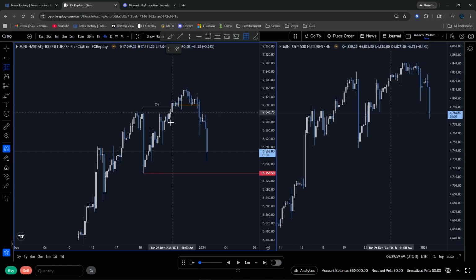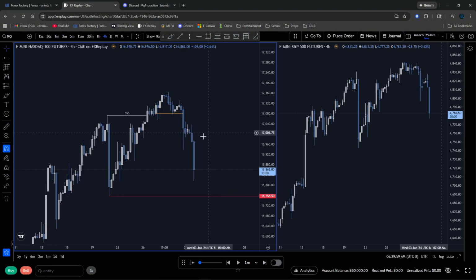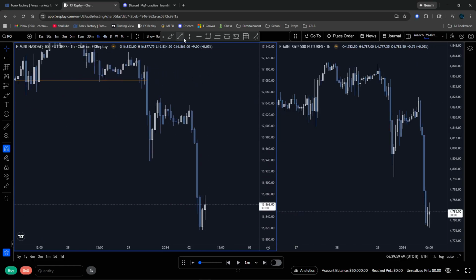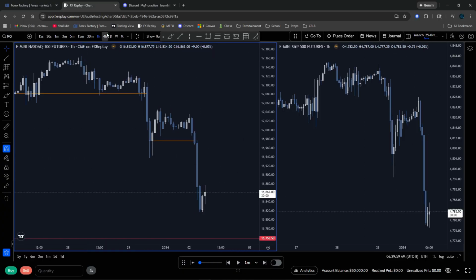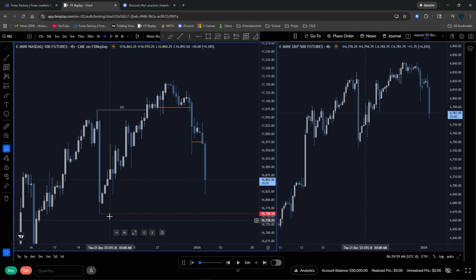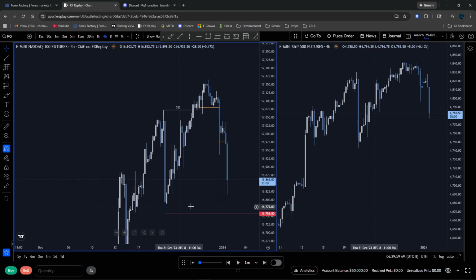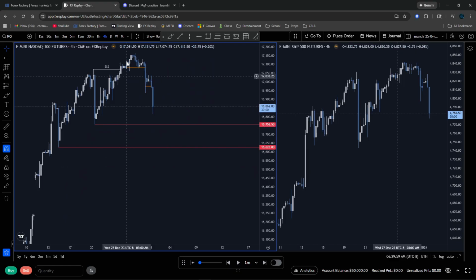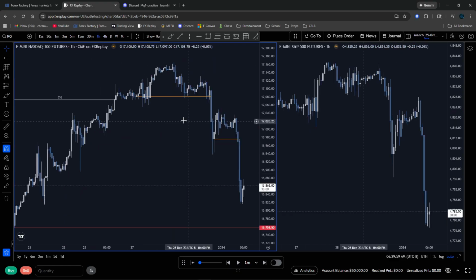Price is closing way below a lot of the bullish PD arrays with displacement, and so we can assume that price is going to maintain the bearish order flow, at least up to this drawn liquidity. Maybe even this one here. Okay. So there's that.